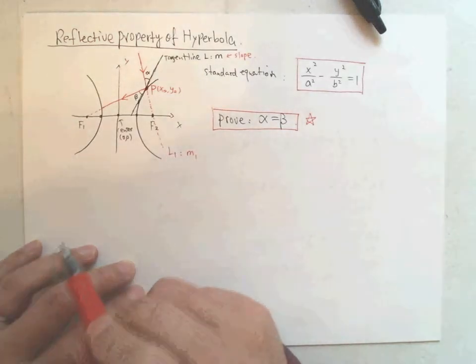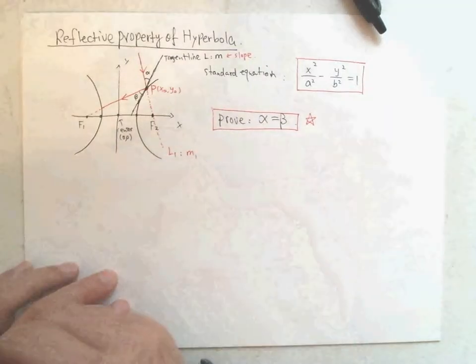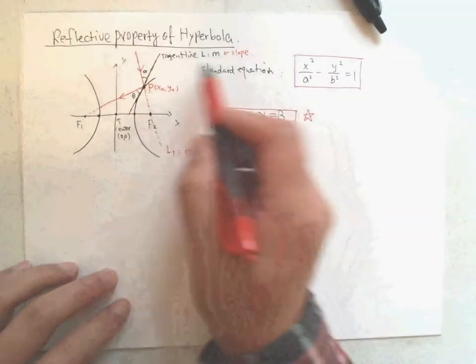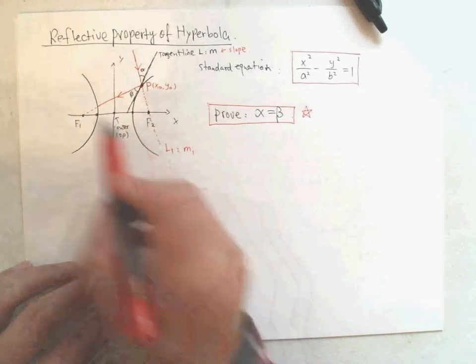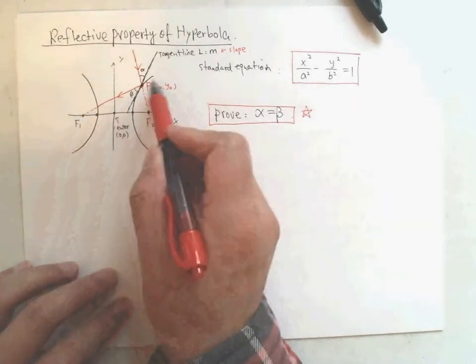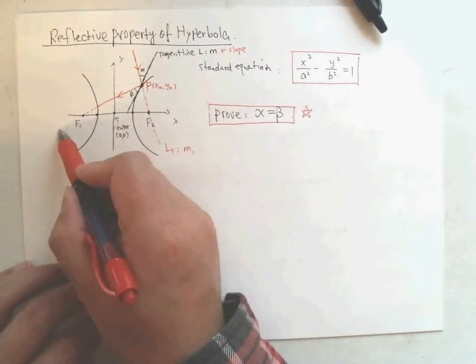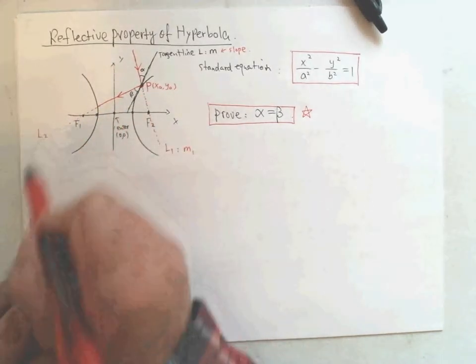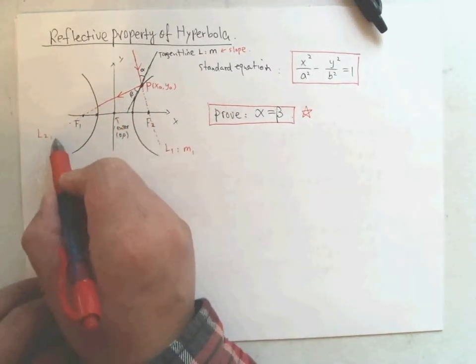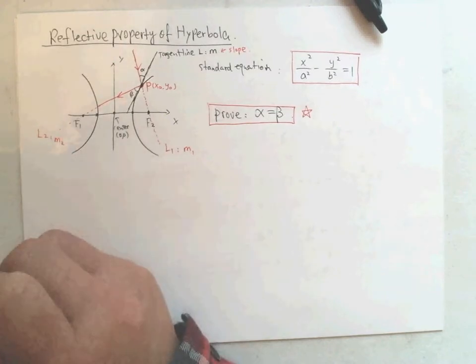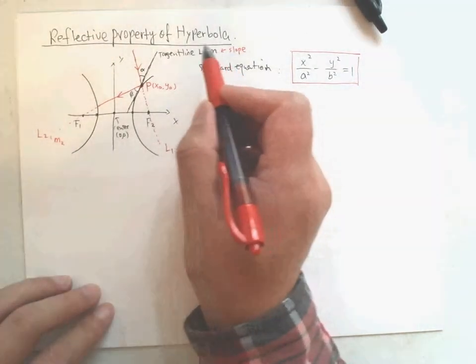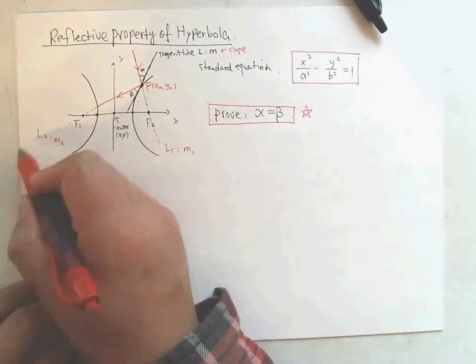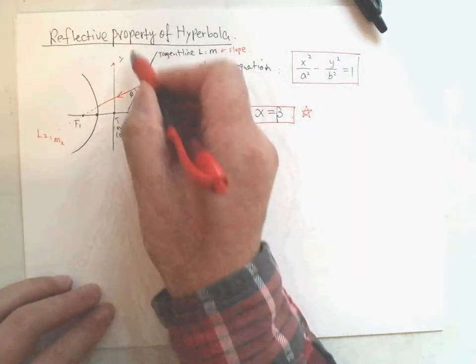I will find the slope later. So one is the tangent, one is L1, and another is the reflected light, which is a straight line. I call this line L2, and L2 has the slope m2. All we need to use is one line, two lines, three straight lines.